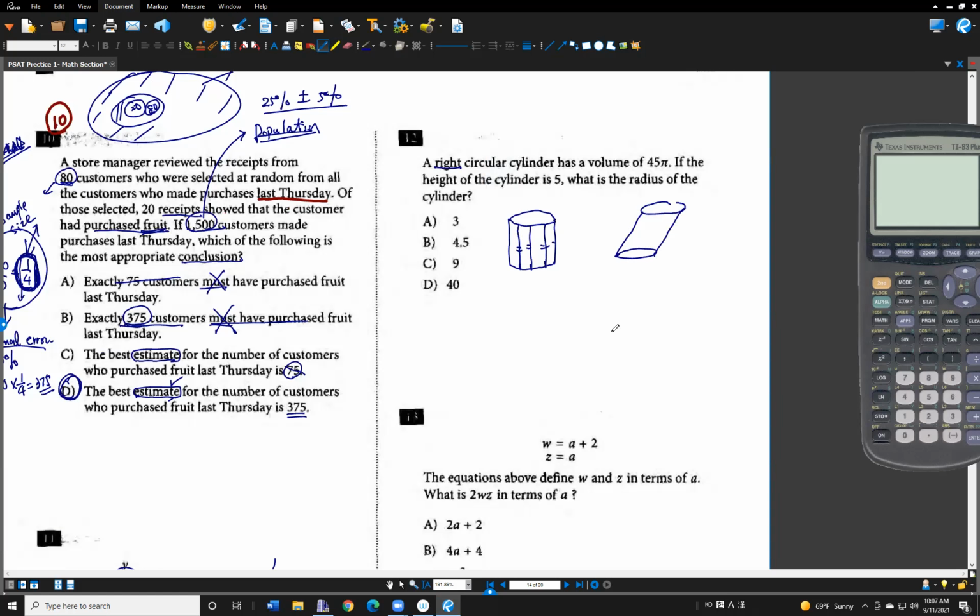This is not a right cylinder, because in a right cylinder the top and bottom are always perpendicular. Okay, this is not perpendicular, right?